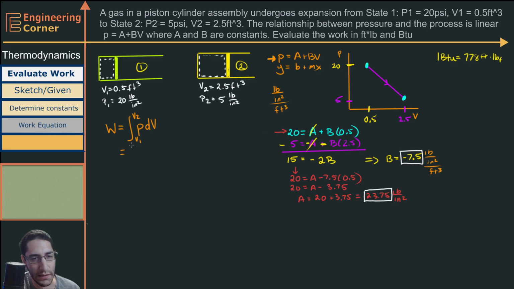So I'm going to say this is equal to the integral from V2 to V1 of A plus BV dV. And when I take this integral, what do I have? This is going to be A times V, evaluated from V2 to V1, plus B times V squared over 2, evaluated from V2 to V1.